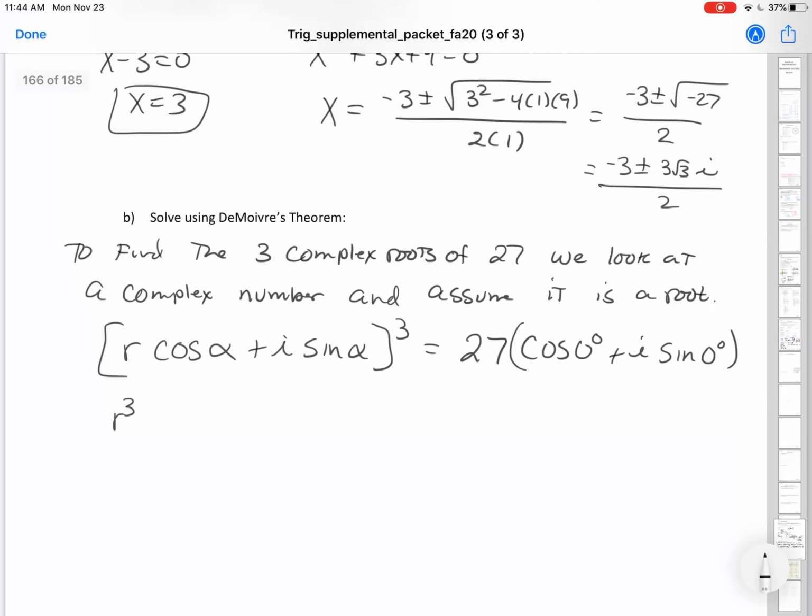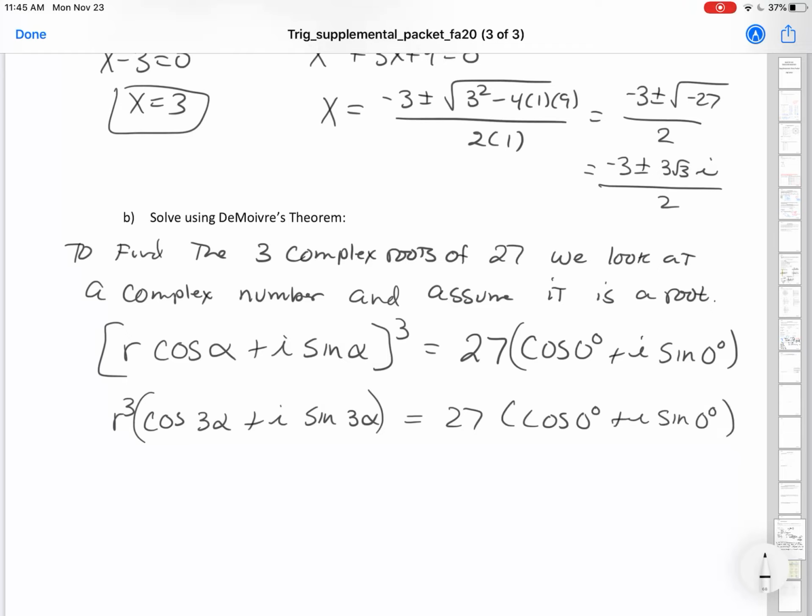De Moivre's theorem says r to the third cosine 3 alpha plus i sine 3 alpha would need to be equal to 27 cosine 0 degrees plus i sine 0 degrees. So what do we know? Well, we know r cubed has to hook up with 27, and we know cosine 3 alpha needs to be equal to cosine of 0 degrees.